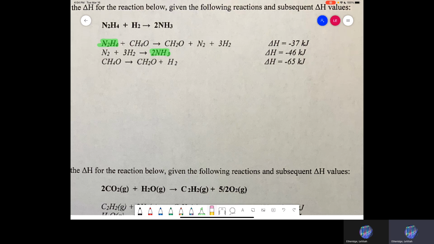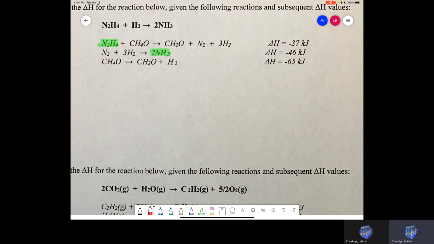Okay, so now let's talk about the instructions. N2H4 has 1 as its coefficient, and it is on the reactant side. In the original equation, it is on the reactant side, and it has 1 as a coefficient. So I'm going to leave that equation just the way it is. The second equation, I have 2 NH3 on the product side.